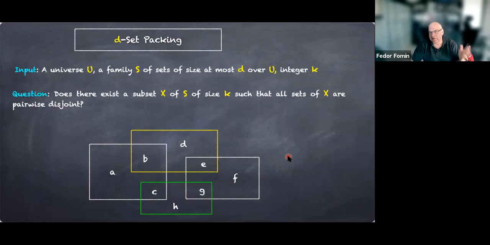The most famous example of d-set packing is for d equal to 2, where it becomes maximum matching in a graph.